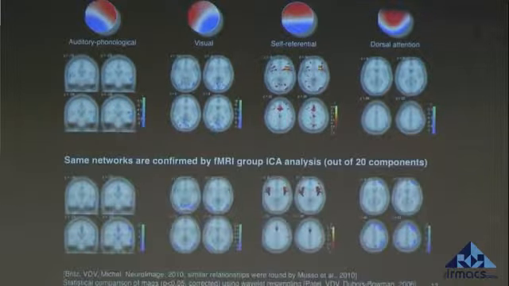Now this is very nice, but are they really the fMRI resting state networks? To confirm that, we did a group ICA on the fMRI only, so no EEG this time. We then did a statistical pairing to see whether we can pair each of those maps with one of the maps that come out of the ICA analysis.